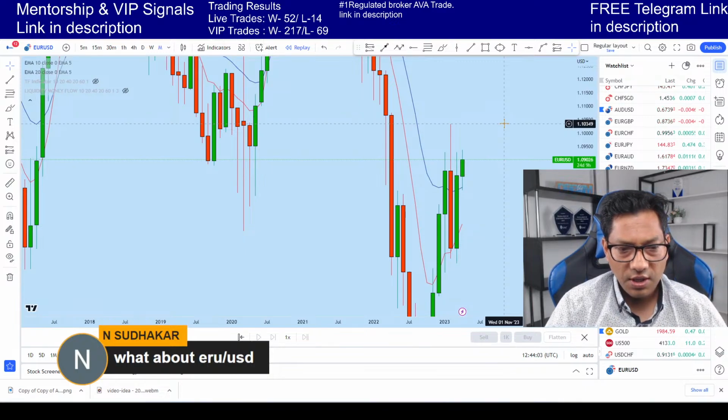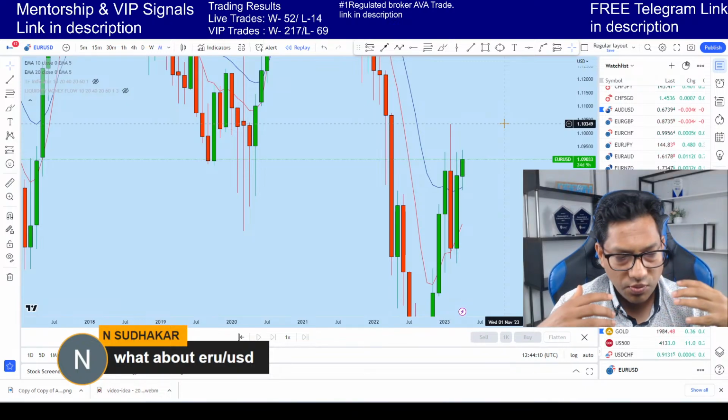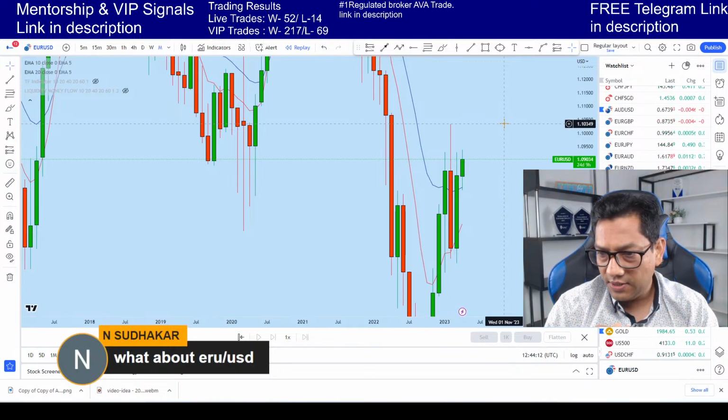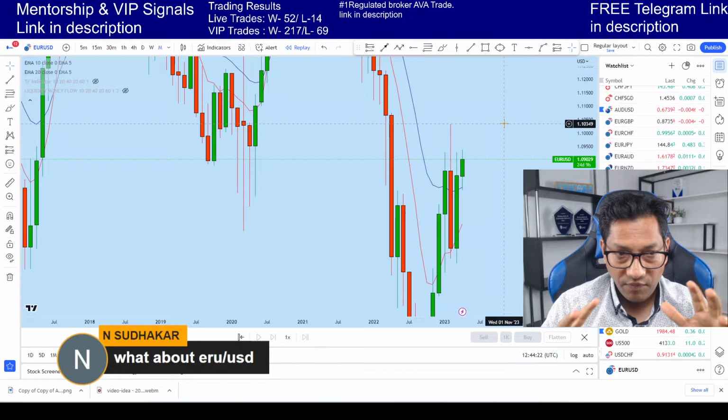The reason is that the bigger picture will give you a clear direction in the market, removing all the noise from the lower time frame. This is how all professional traders normally look at the market, because when you look at the bigger picture, you have a very clear direction.